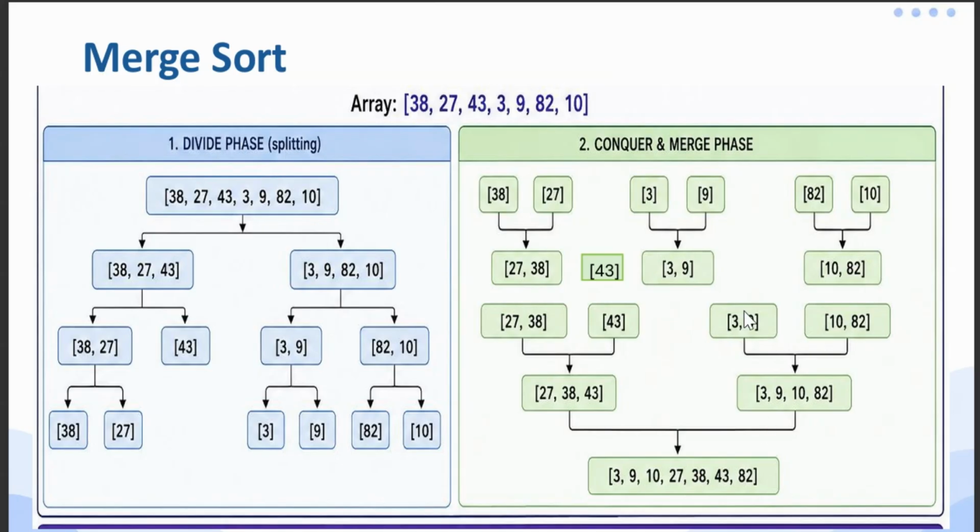Now we have sorted the left subtree and the right subtree, so we combine them to get the full array. Which is the smallest element here? 3, and then 9, then 10, then 27, then 38, 43 and then 82. That's the idea.